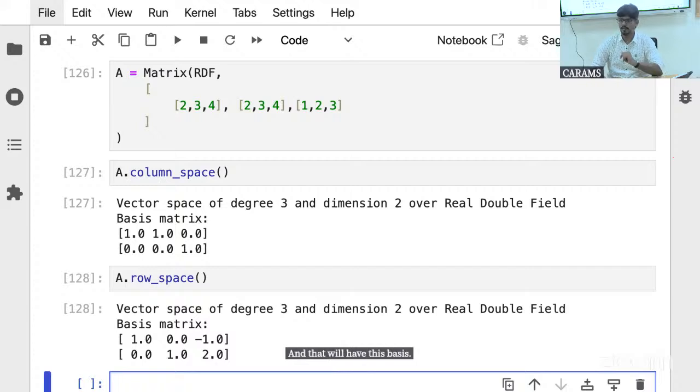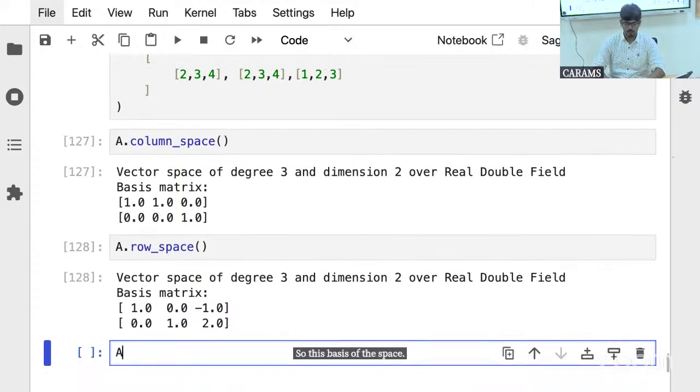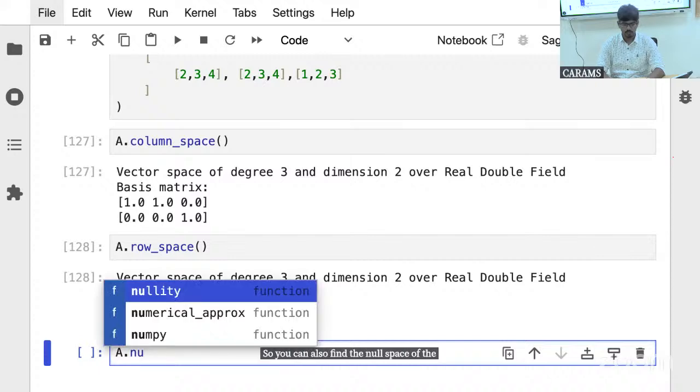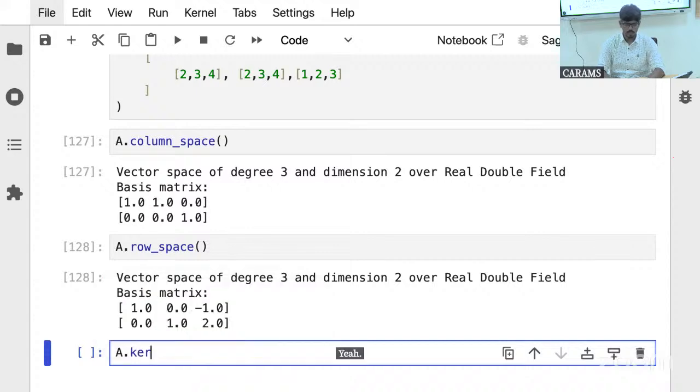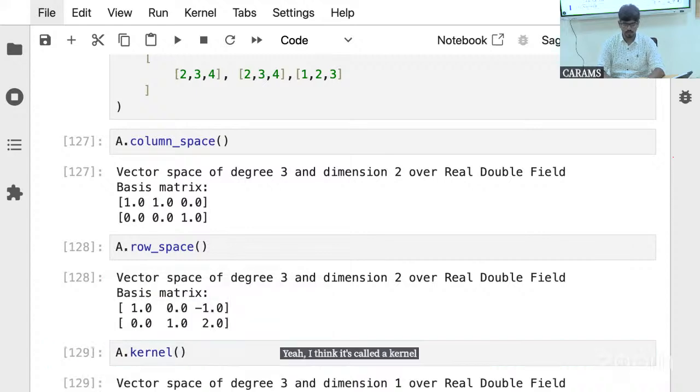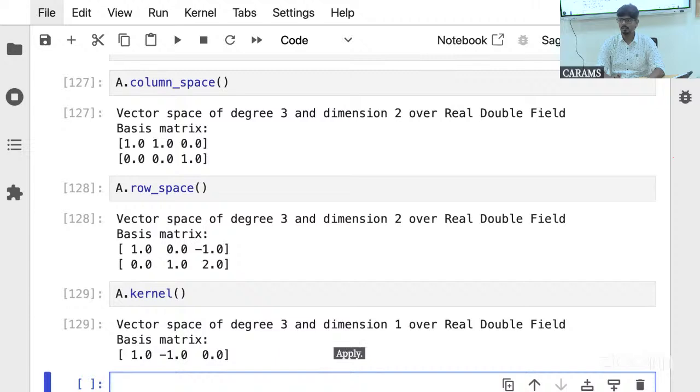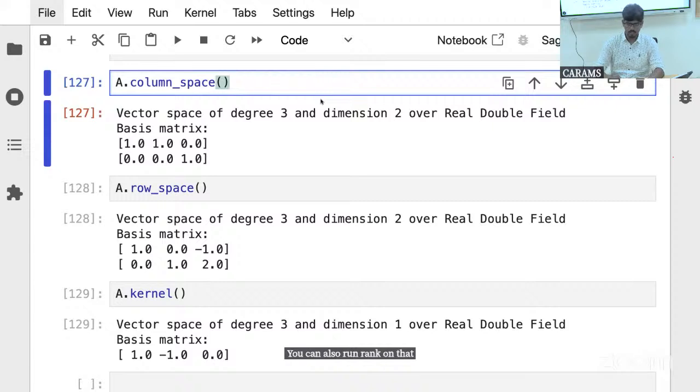You can also find the null space of A, I think it's called the kernel of A. You can also run rank on that. I think you can also run dimension on that.